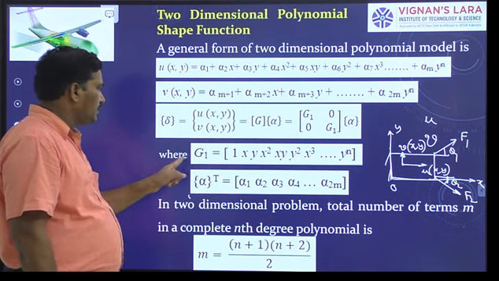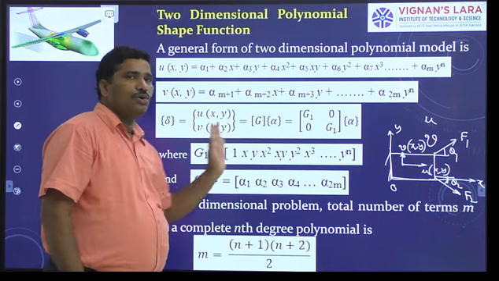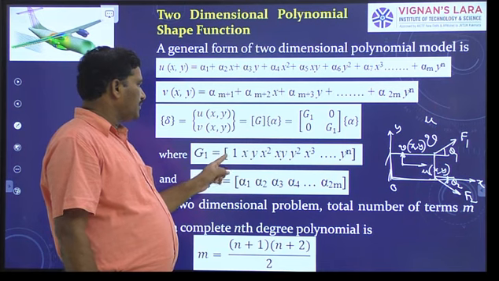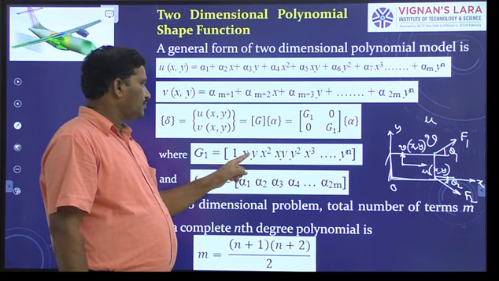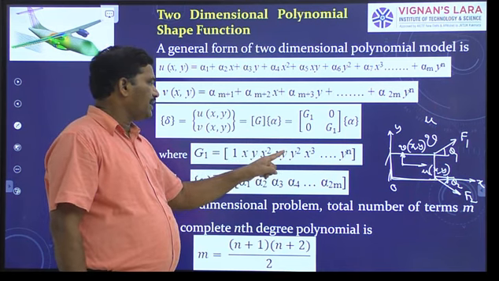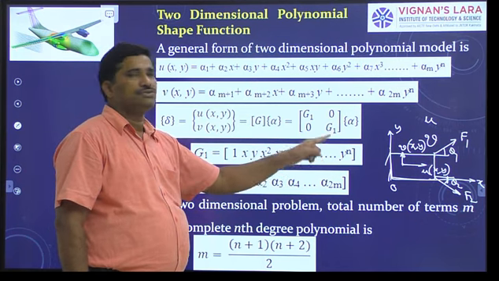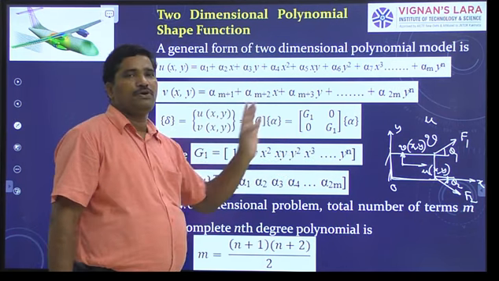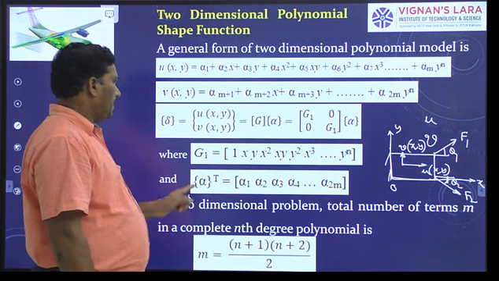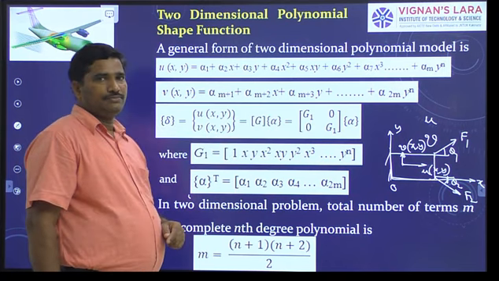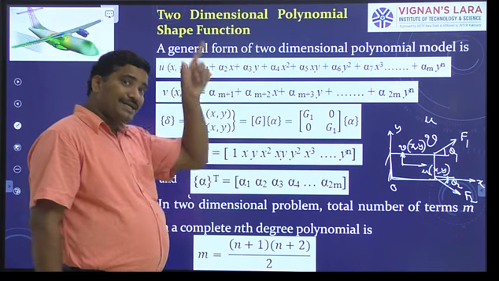If you observe, G1 appears as a row having the elements 1, x, y, x square, xy, y square, x cube, and so on and so forth. It ends with y to the power of n. And here alpha is a column matrix.